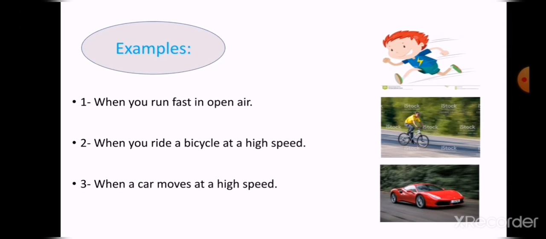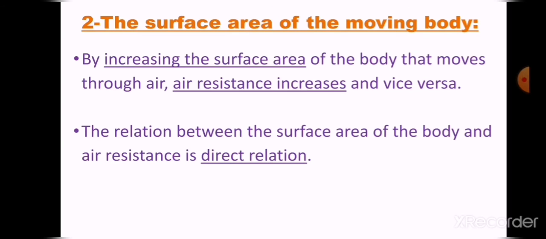Factor number two, the surface area of the moving body. What does it mean? It means that by increasing the surface area of the moving body that moves through air, the air resistance increases.